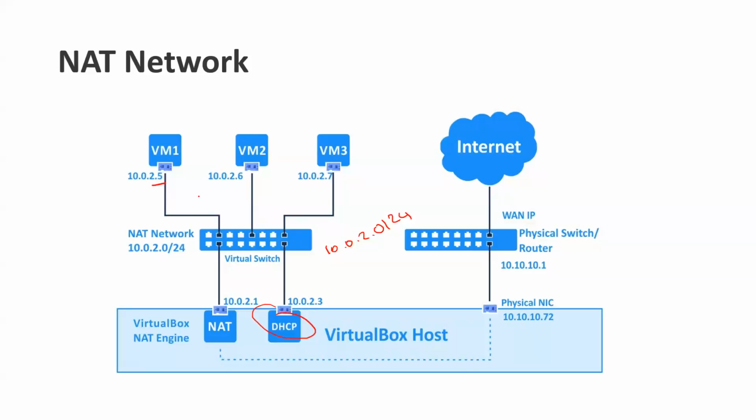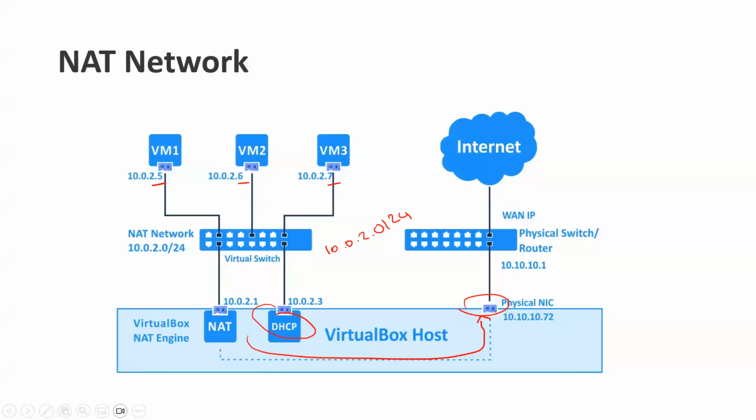The first one gets 5, the second one 6, and the third one 7. Then this IP address is going to be NATed to your physical network interface, your host network interface. So this is not similar to the NAT that we had in the previous step. Each machine has its own IP address and receives it from DHCP.